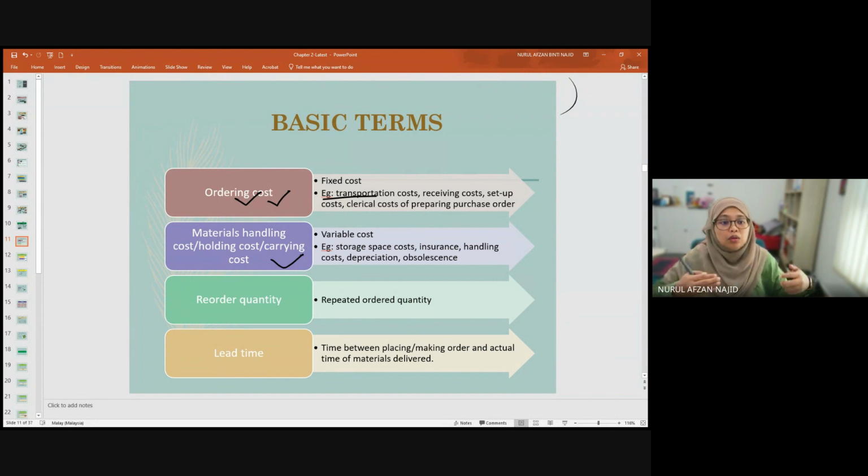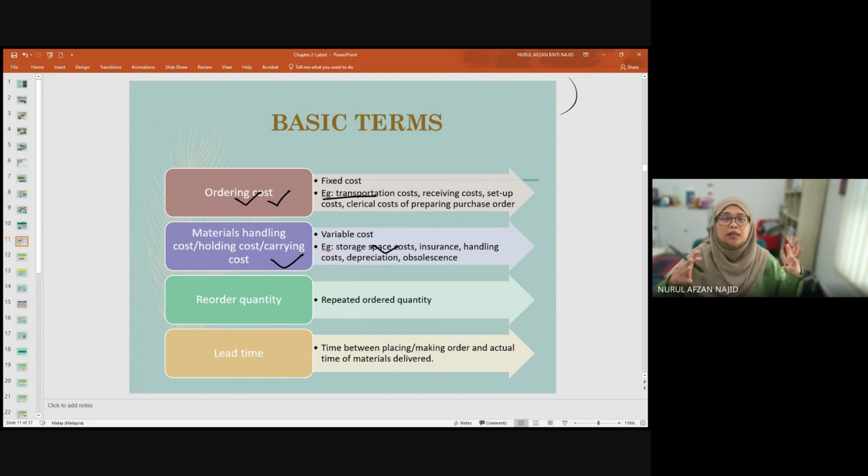Okay. Holding cost, ataupun carrying cost ni, barang dah sampai dekat you punya warehouse. Tadi kan ada transportation, lori pun sampai, container pun sampai, semua sampai dekat warehouse. Apa cost yang akan incurred bila dekat warehouse tu? Yang pertama adalah storage space cost.